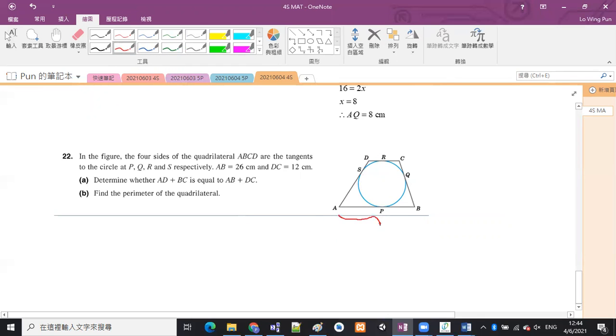So we have this information. This is 26, and DC is 12.